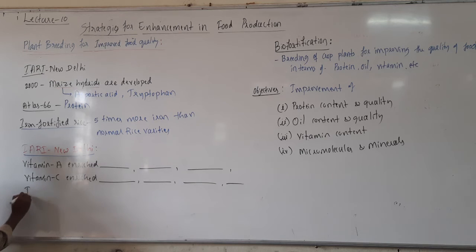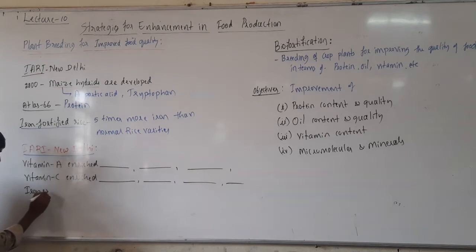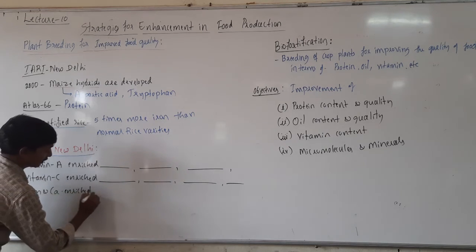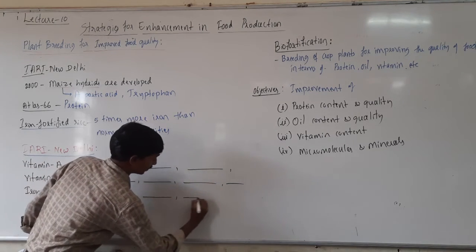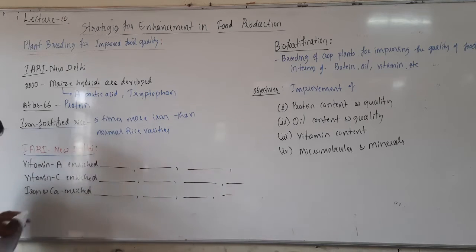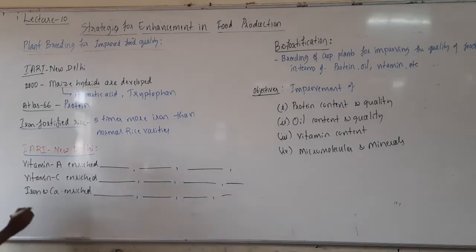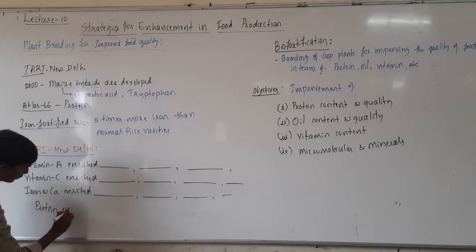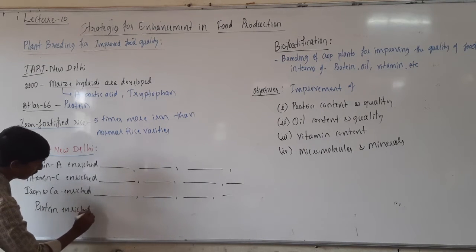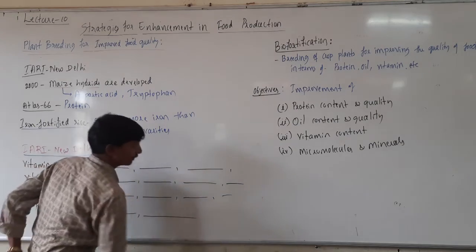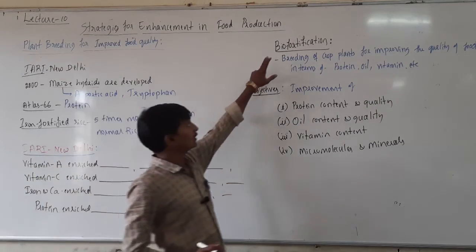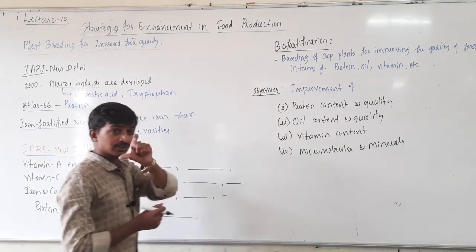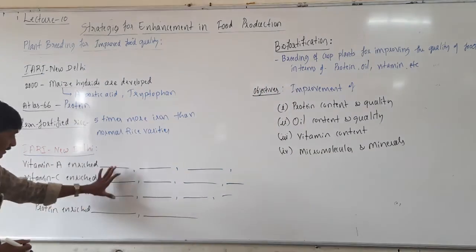Iron and calcium enriched. Some crops are there in our text. And lastly, protein enriched. Just open this concept in our textbook. In the last page, the last four lines have this concept.